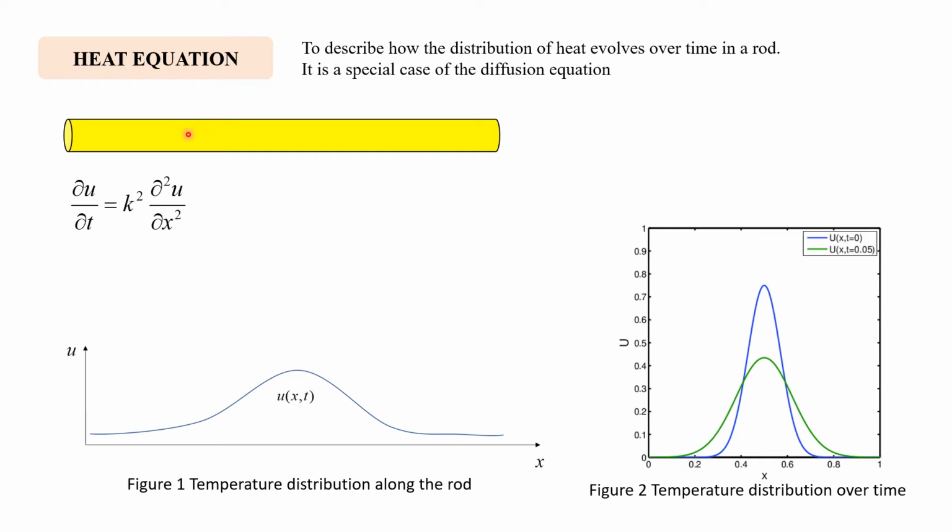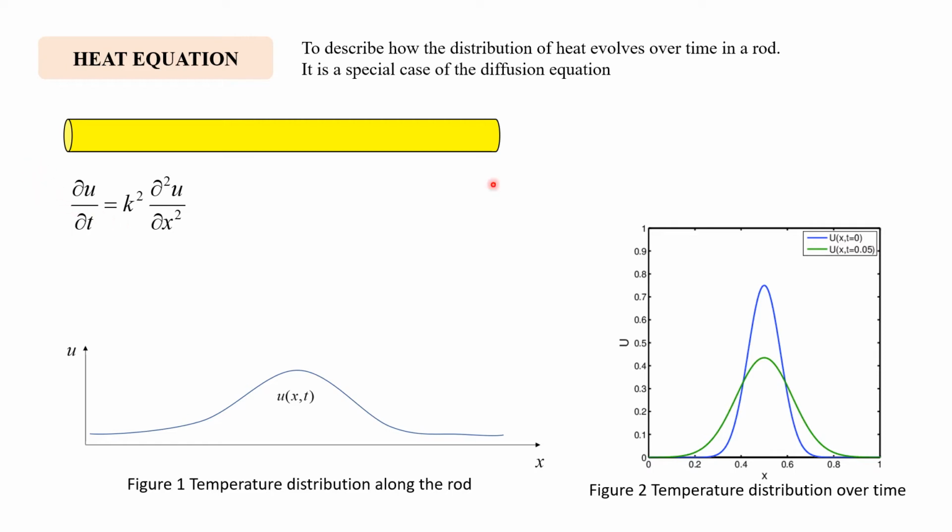The heat flow is represented as this partial differential equation, where ∂u/∂t equals k squared ∂²u/∂x².